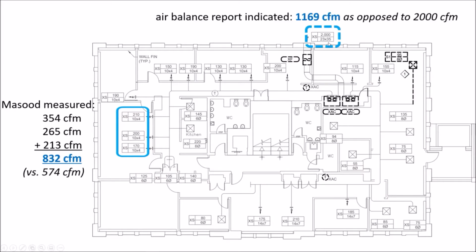And we know the drawings, for some reason, say 2,000 CFM of outdoor air is coming in, but from the balance report, the measured amount was 1169. So, and this is not uncommon. I've seen in many balancing reports that you can be half or even double of what the design flow rate is. So it's quite variable.